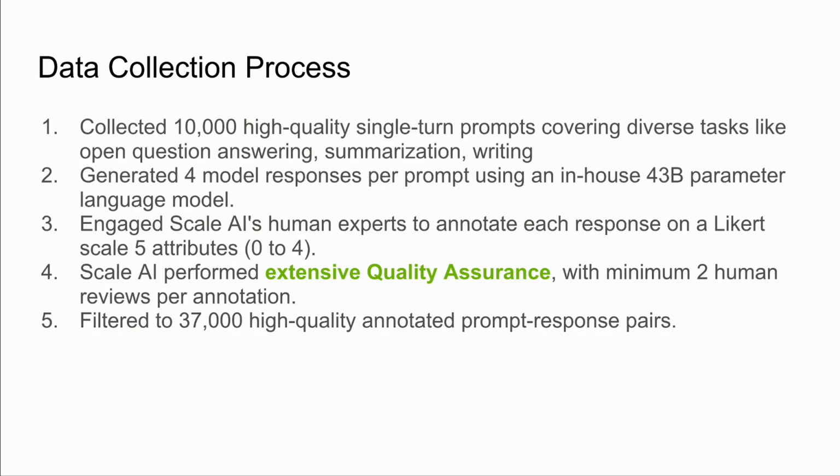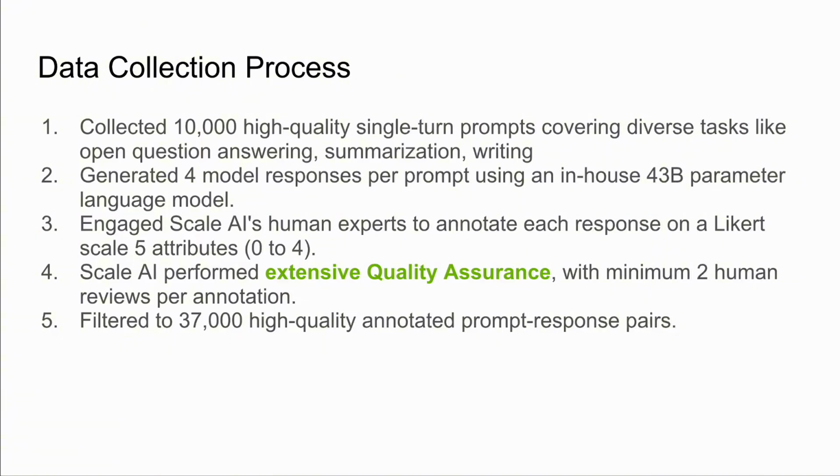We then engaged human experts to annotate each response on a Likert 5 scale for each attribute. The important part is that not only do we have humans annotate this, but we also had a second layer of people looking through this to make sure that the annotations were indeed correct. And after we filtered out some of the less satisfactory responses, we have 37,000 high quality annotated prompt response pairs.